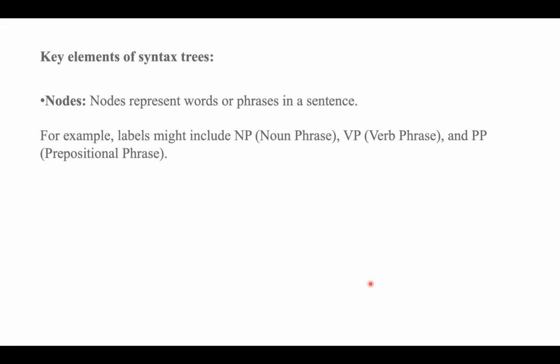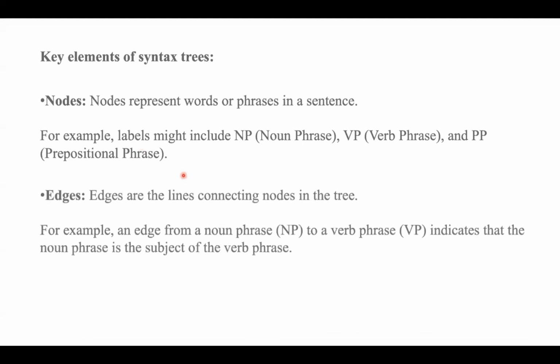Each node has a label which indicates the grammatical category of the word or phrase. So every node contains a label. In this example, labels might be a noun phrase, verb phrase, or prepositional phrase. You can assign these labels to words in a sentence.